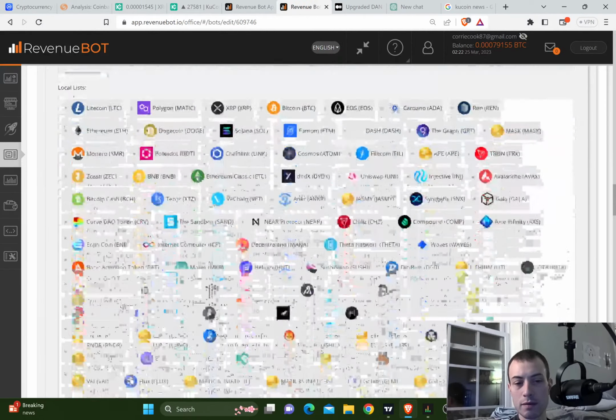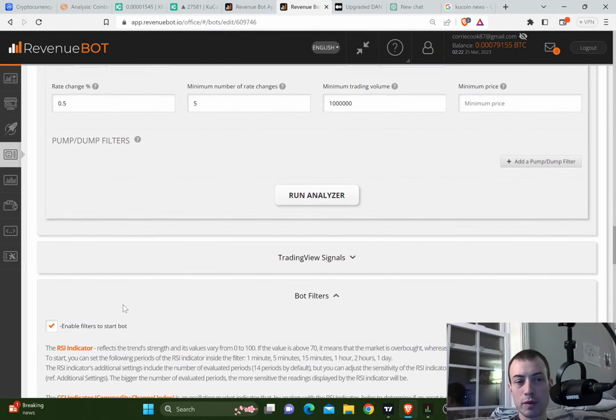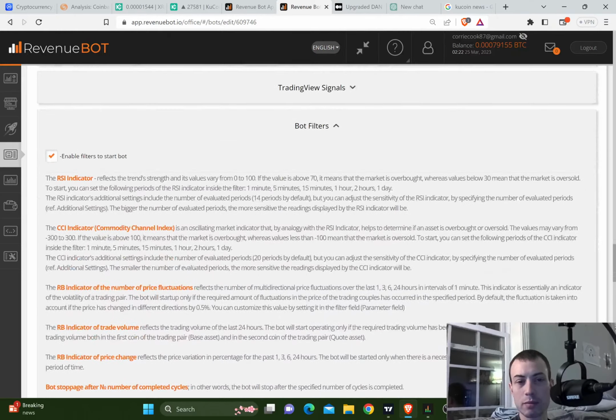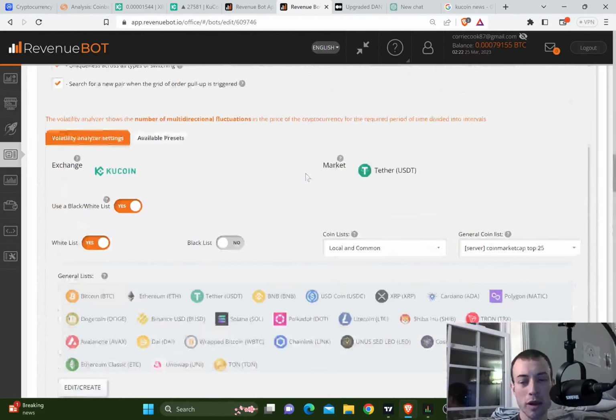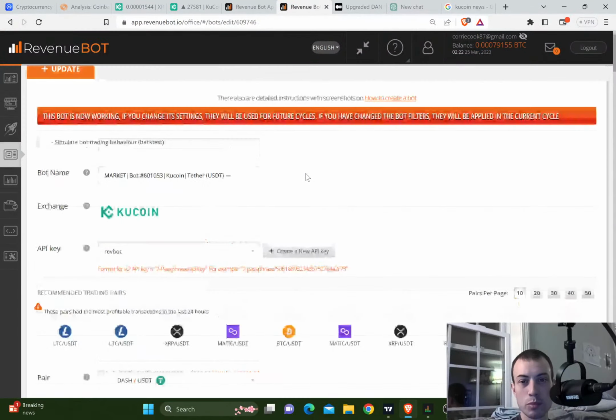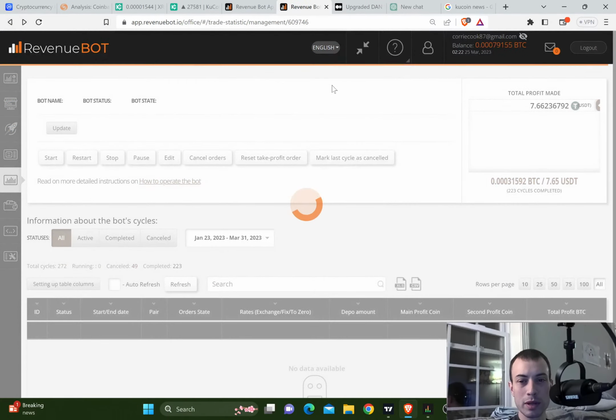And then further down you can have certain filters for pumps and dumps and bot filters, and you can use TradingView signals, which I will be incorporating in the future into new bots. But yeah, that's how you build and edit your bots, right in that area. So I hope that helps a little bit.